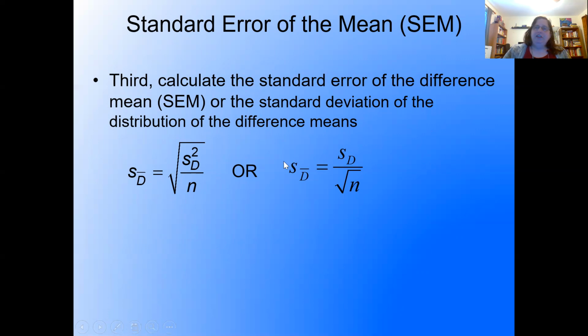They're really saying the exact same thing. The one on the left and the one on the right are exactly equal. It's just a matter of convenience. If I have variance, I take the square root of it to get standard deviation. Okay. So that's the standard error of the difference mean, or SEM.